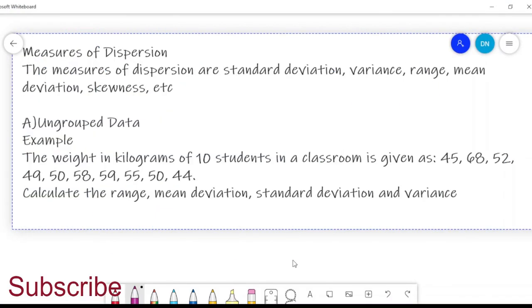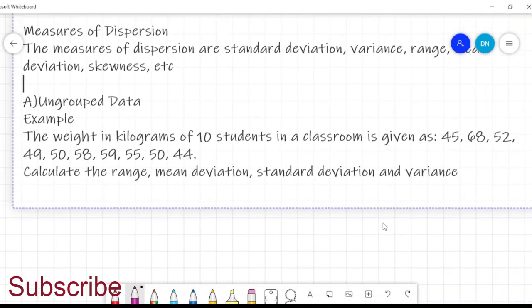Measures of dispersion. We know that the measures of dispersion are standard deviation, variance, the range, the mean deviation, skewness, among others. The first example we want to look at is ungrouped data. We have been given the weights of 10 students, and we want to use that to do the computations that follow.